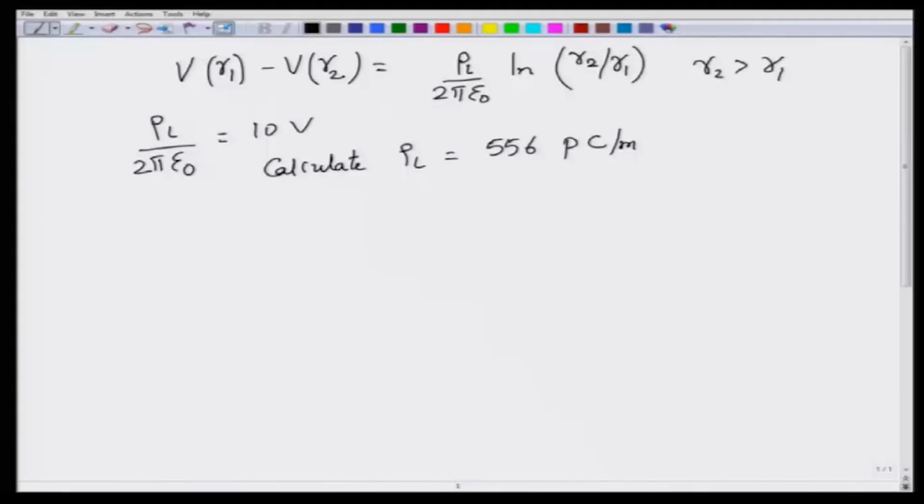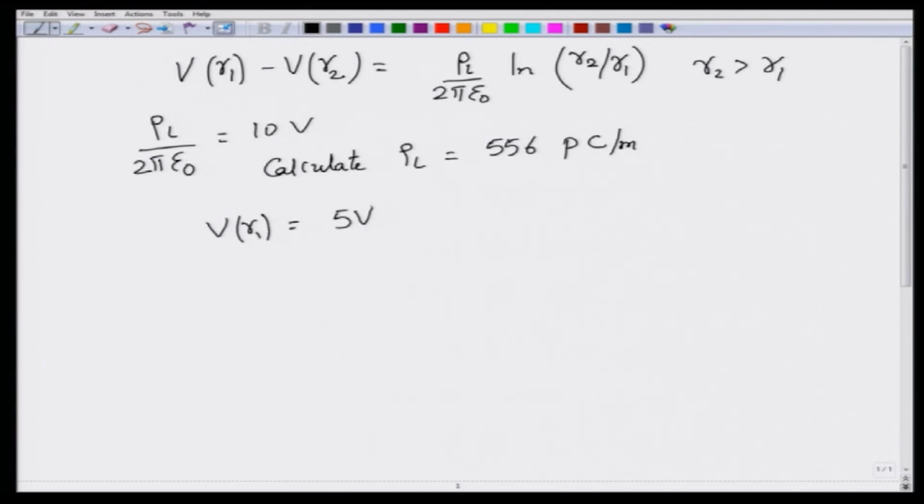So my question is, what should be the ratio of the radii R2 and R1 in order to obtain that 5 volt potential difference, which of course depends on which radial distance R2 I select as the reference or zero potential. If I substitute this 10 into this expression and consider R2 as 0, then the voltage at R1 should be equal to 5 volts.